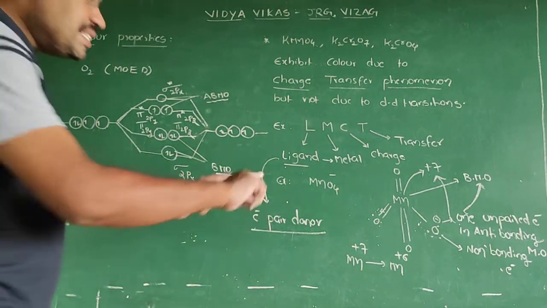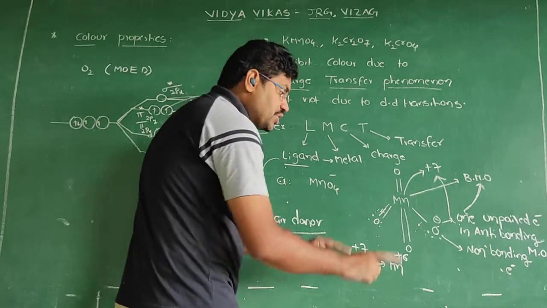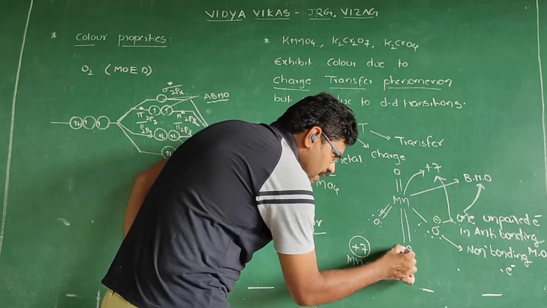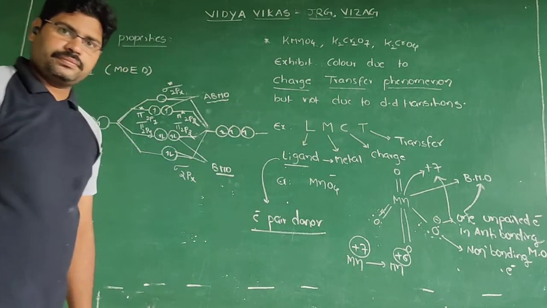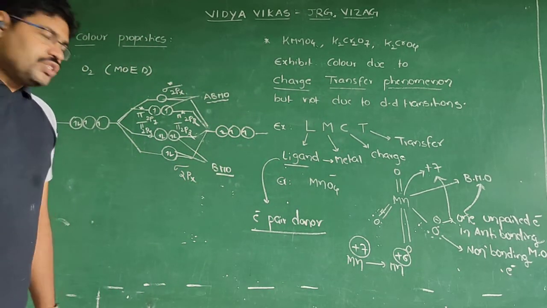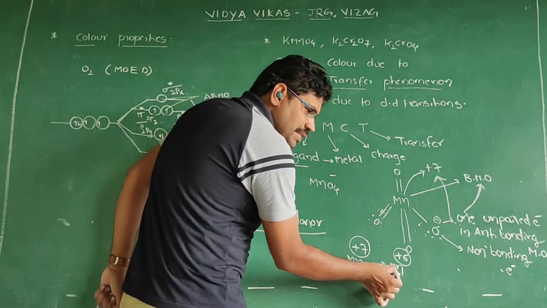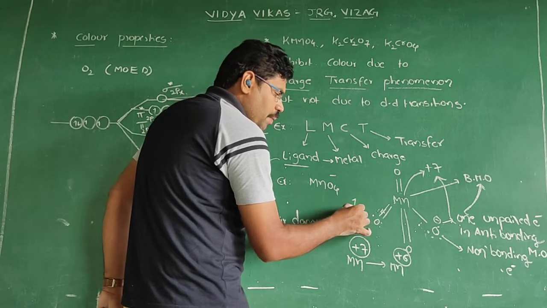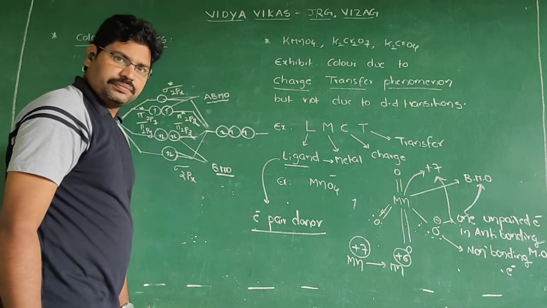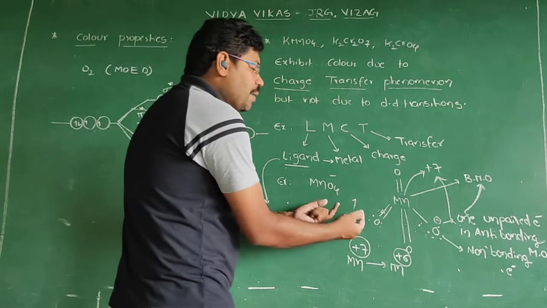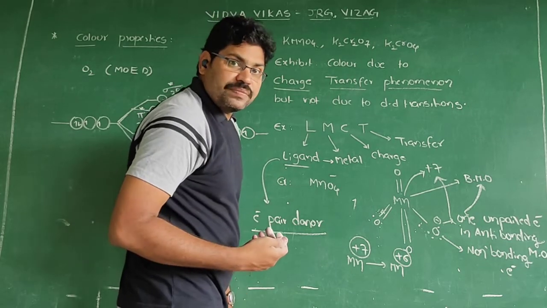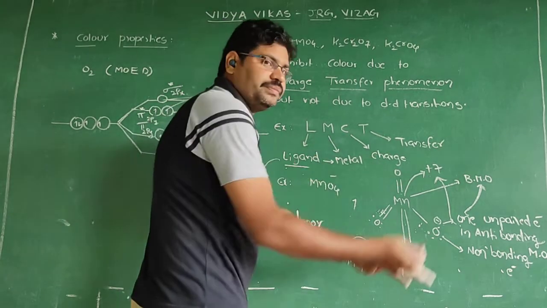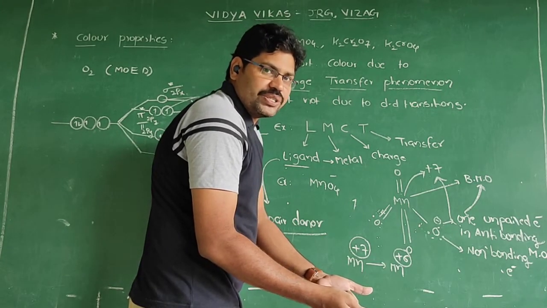Okay, charge transfer. Just look at the word, what is going on? Here the charge is +7, here the charge is +6. Once manganese achieves the +6 oxidation state, it has one unpaired electron, and that unpaired electron absorbs some energy radiations and immediately emits some energy radiations.